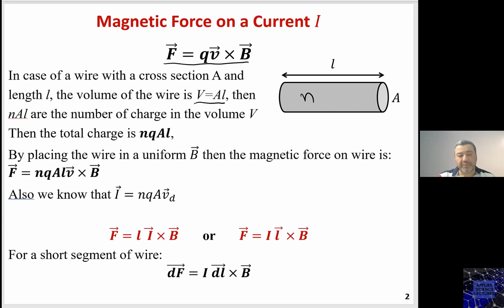So the total number of charges inside this volume is nAL, and the total charge inside this volume would be nqAL. Now, if we look at those charges instead of one single charge q, now we have nqAL.